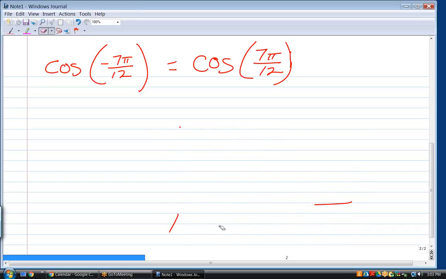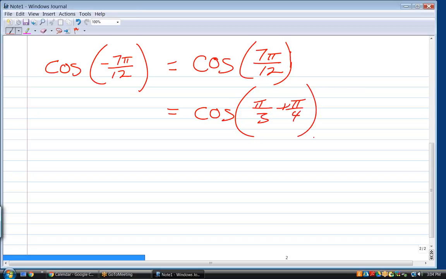Okay? Which means that what we're looking at here is the cosine of pi over 3 plus pi over 4. And now we can apply the sum and difference formula. So what is this equal to?